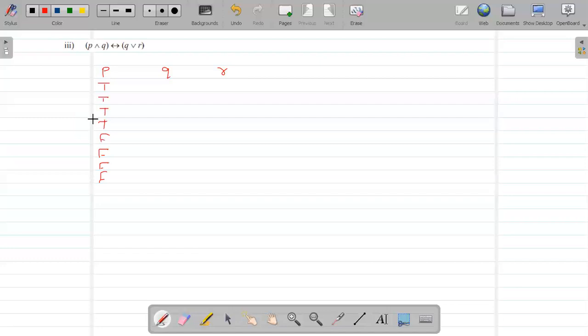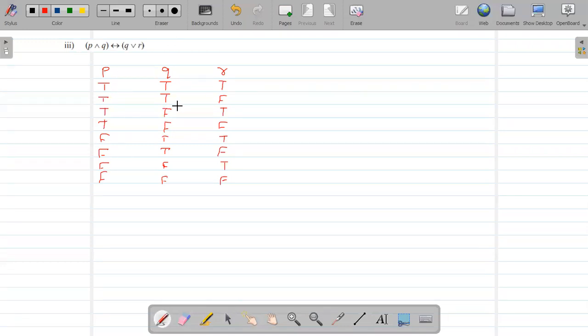For Q, there will also be an increase: 2 times true and 2 times false, repeated. For R, true, false, true, false, alternating. Do you understand how we write these columns when there are 3 variables?